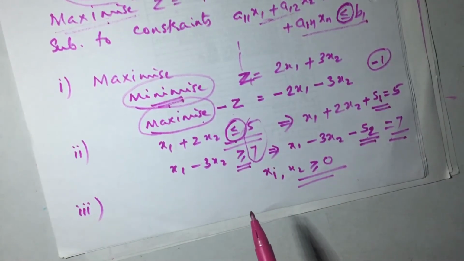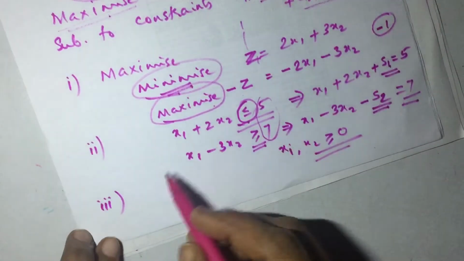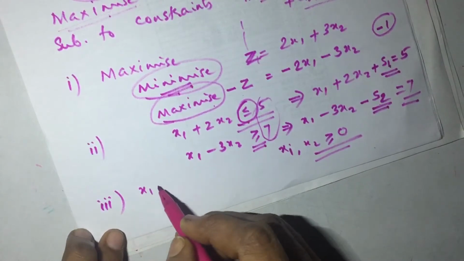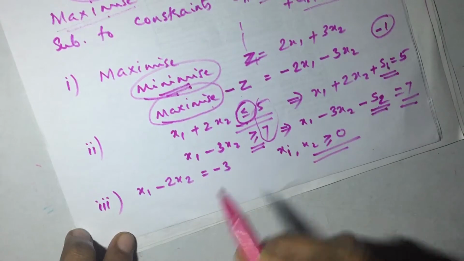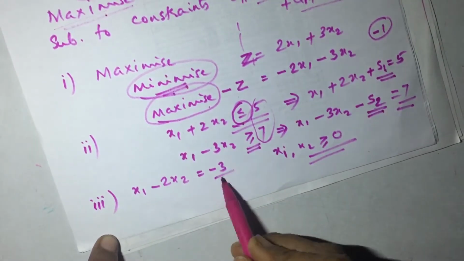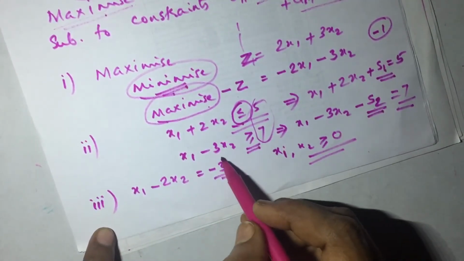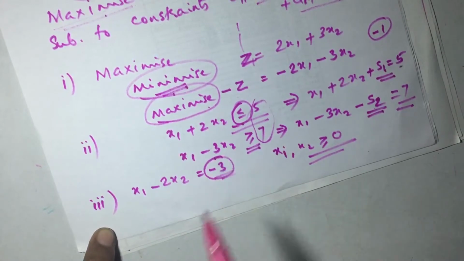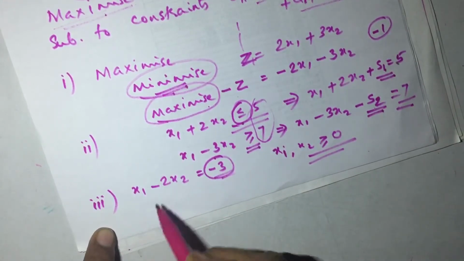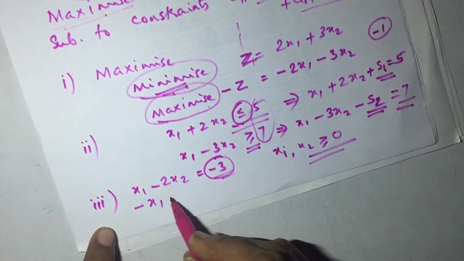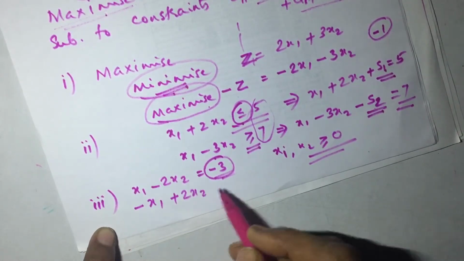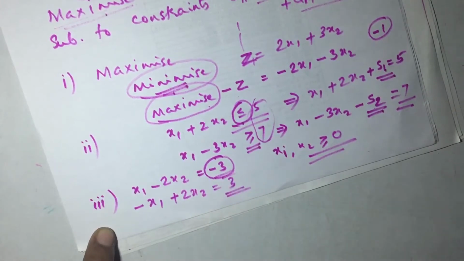If the RHS is negative, suppose you are given x1 minus 2x2 equal to minus 3, then this should not be negative 3. You have to convert it into positive by multiplying throughout by a negative sign: minus x1 plus 2x2 equal to 3. So this is the third condition.